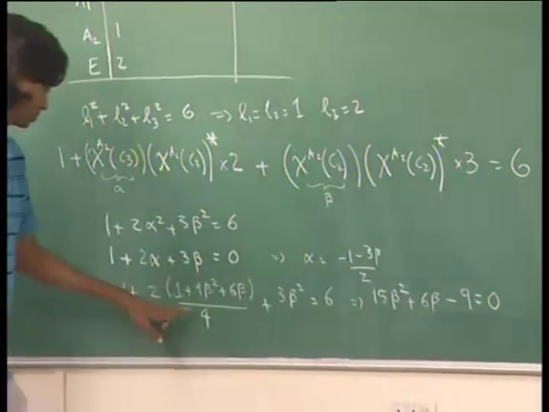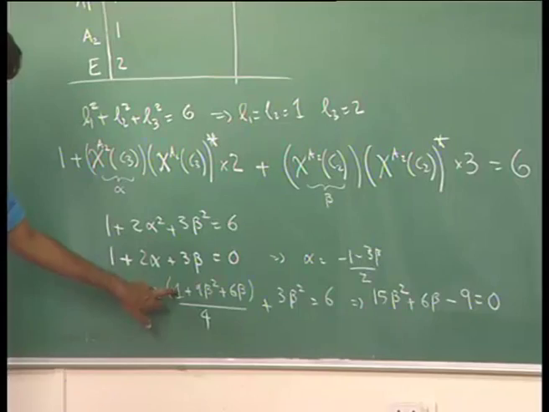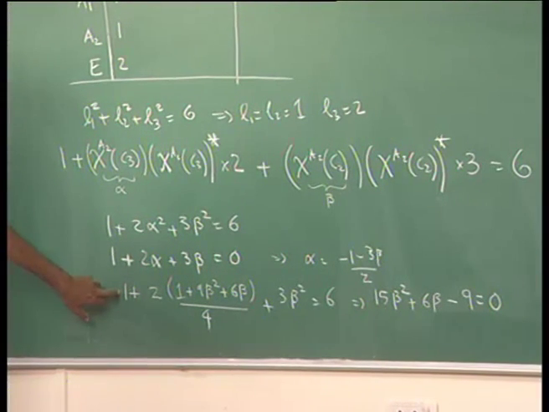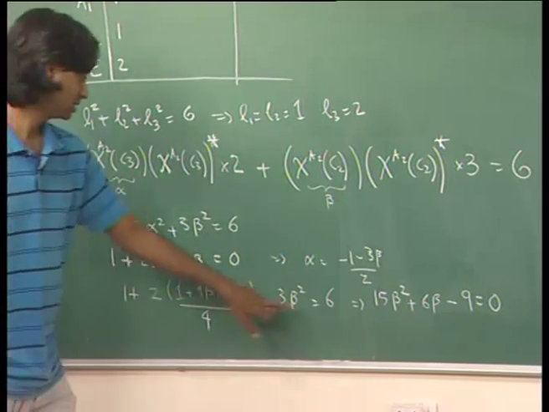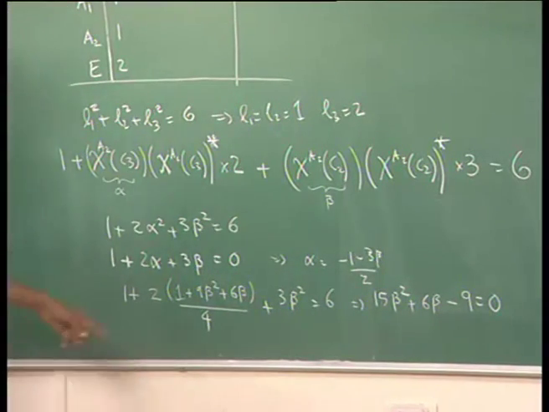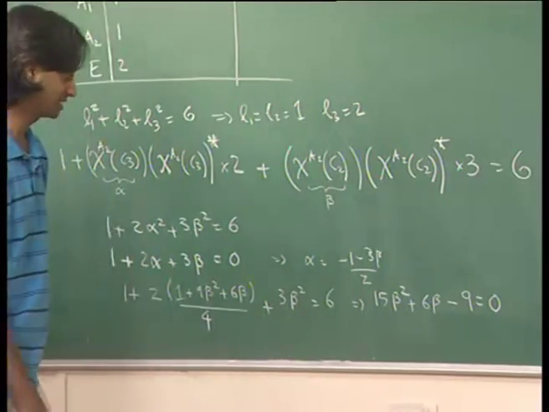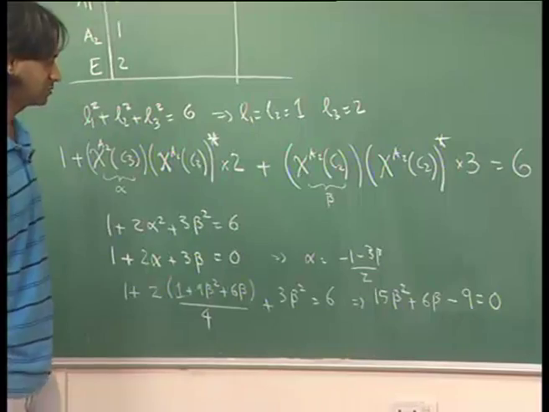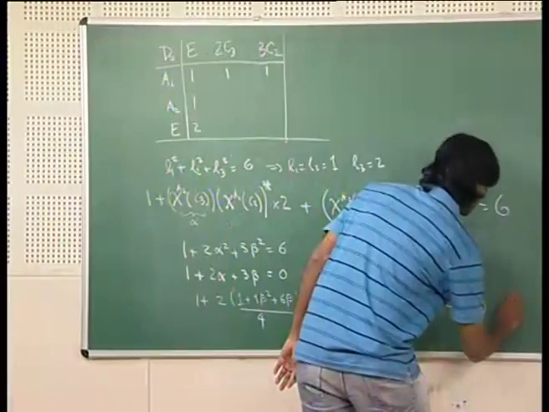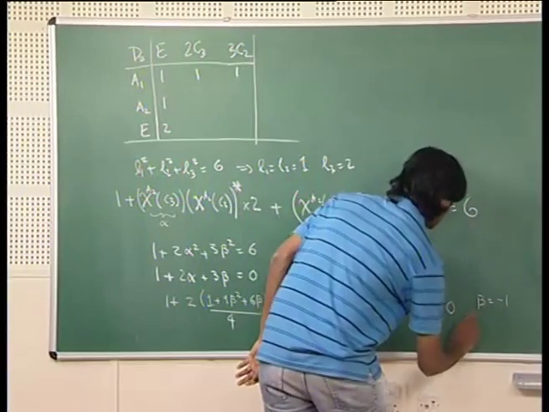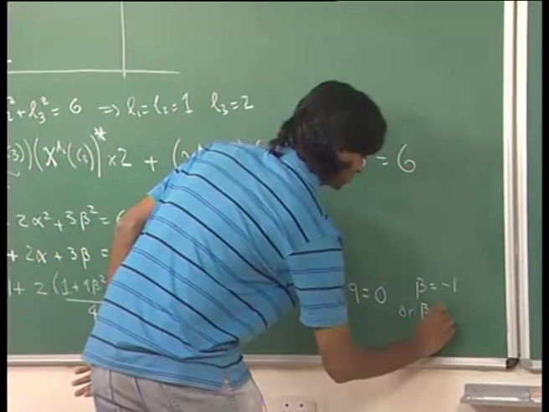So, you have 1 plus 2 is 3, and here you have 12. So, 3 minus 12 is minus 9. Okay. So, you will get this equation, and if you solve this, you will get beta is equal to minus 1 or beta equal to 12 by 15.